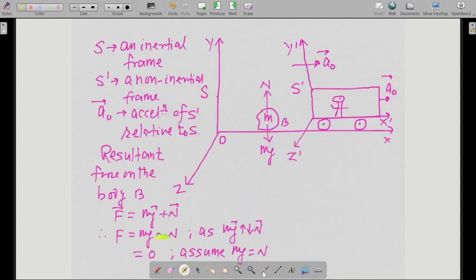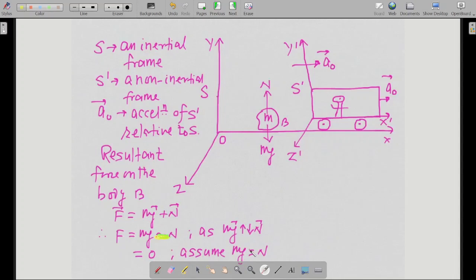Minus, mg minus N, as mg is anti-parallel to N. So they have opposite signs, that's why, and that is equal to 0, because this is an assumption, or we can say actually the normal reaction is equal to the weight of the body on a particular planet.